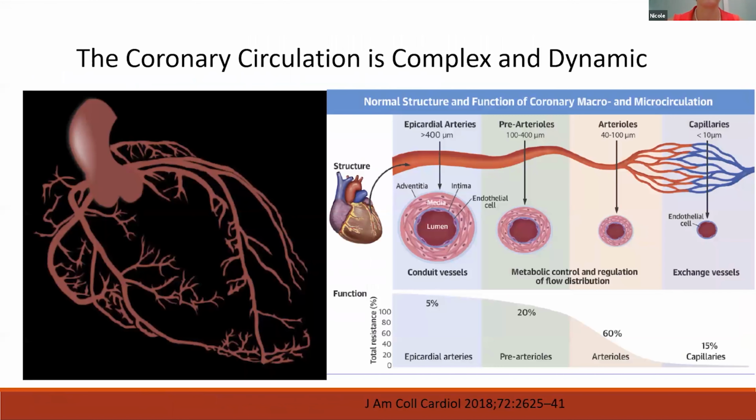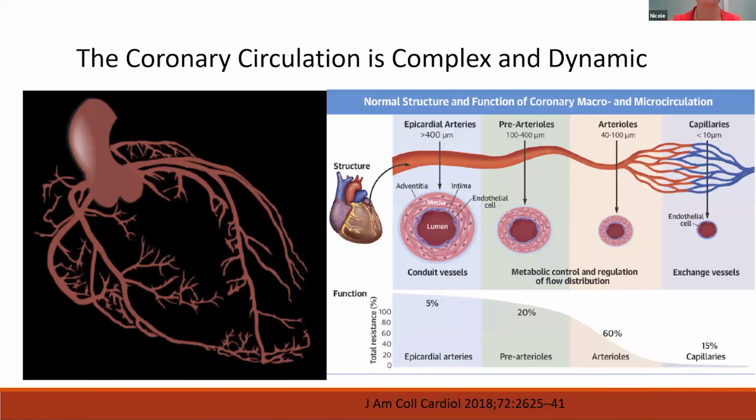Why does this occur? Oftentimes, as physicians and healthcare providers, we look at what's most obvious and what types of tests direct us in a certain pathway. And in this case, we oftentimes rely on coronary angiography to look at coronary artery disease.